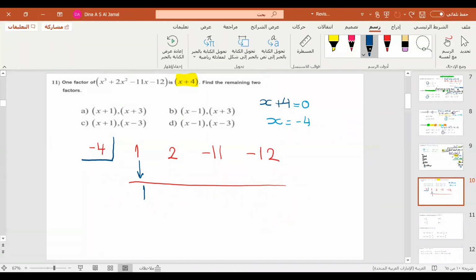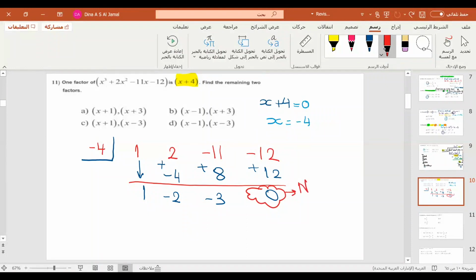Minus 4 multiplied by 1 gives minus 4. Add it, and it gives minus 2. Multiply, you will have 8. Add it, you will have minus 3. Multiply, you will have 12. Add it, you will have 0, which proves that it is a factor.